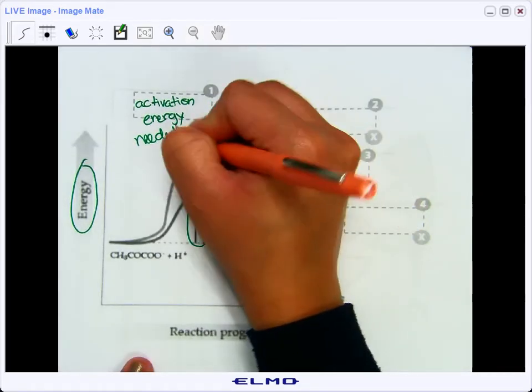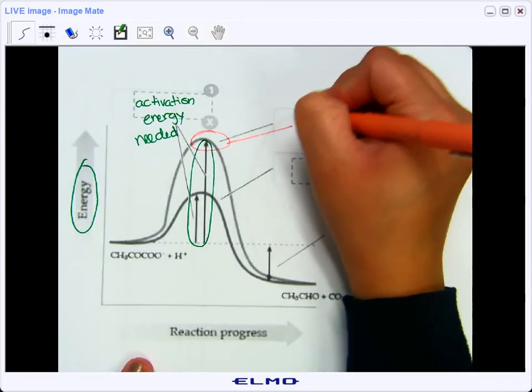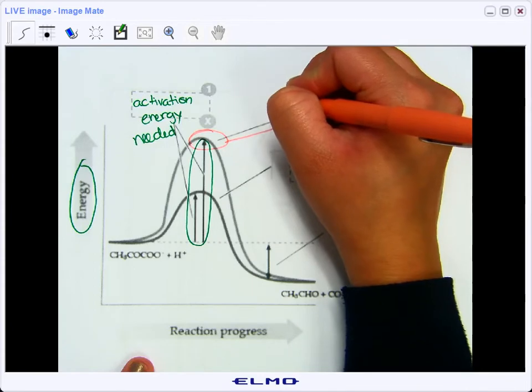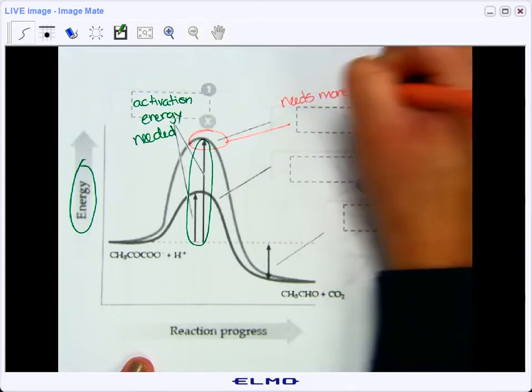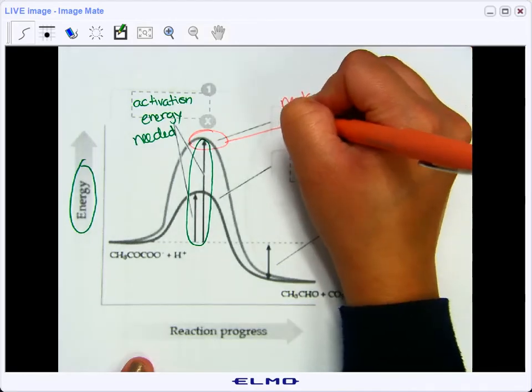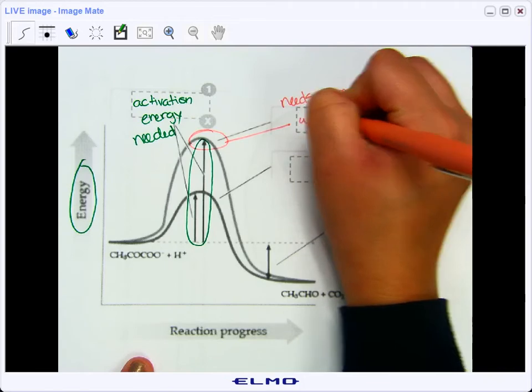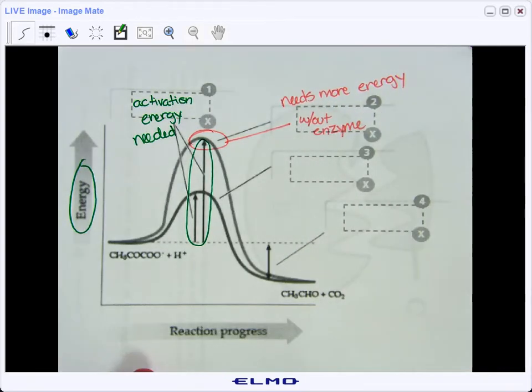This top one needs a lot of energy. And this is an activation without an enzyme. It needs more energy because it does not have an enzyme to help it out.